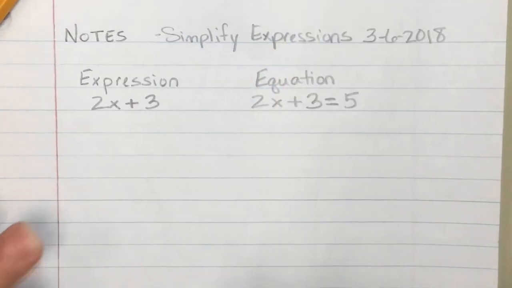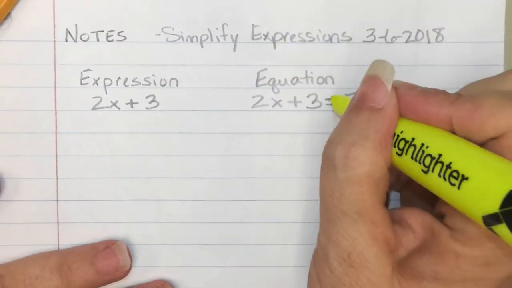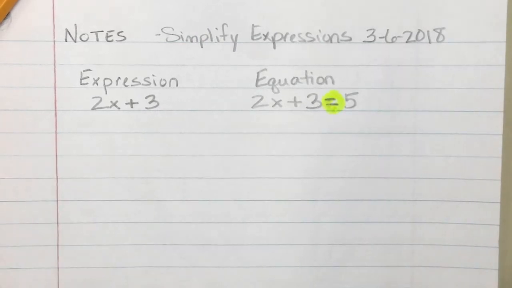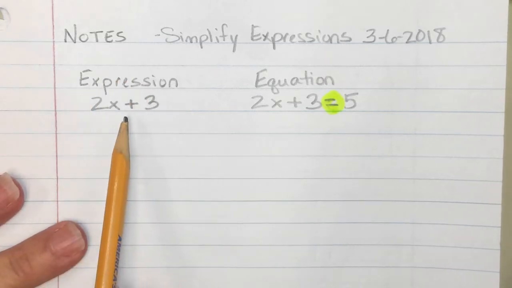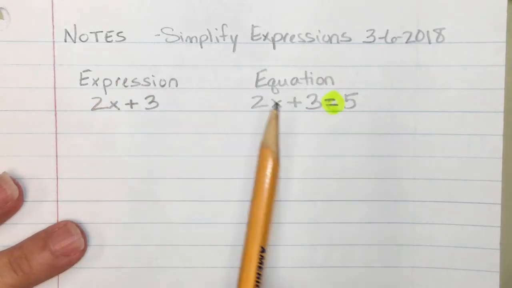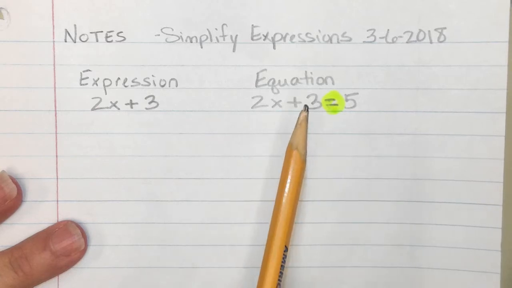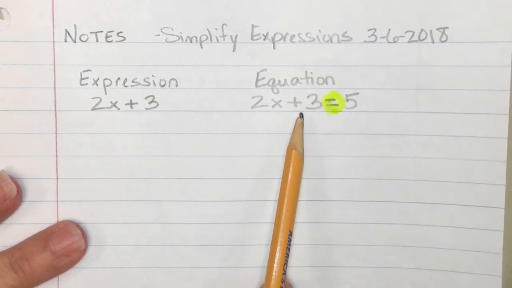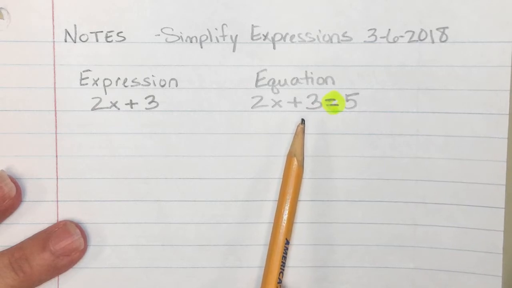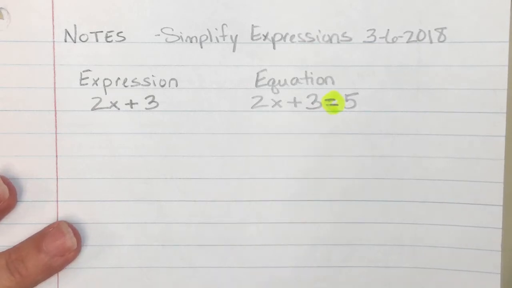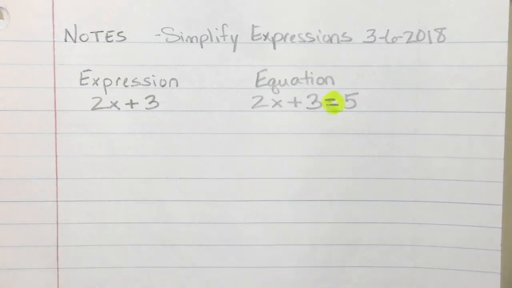The key being that equations have equal signs. Basically today we have got to learn to clean up everything we can about expressions so that tomorrow we can solve equations. Tomorrow we'll finally be able to find out what the variable is, okay? But we can't do it yet until we clean some stuff up, okay?